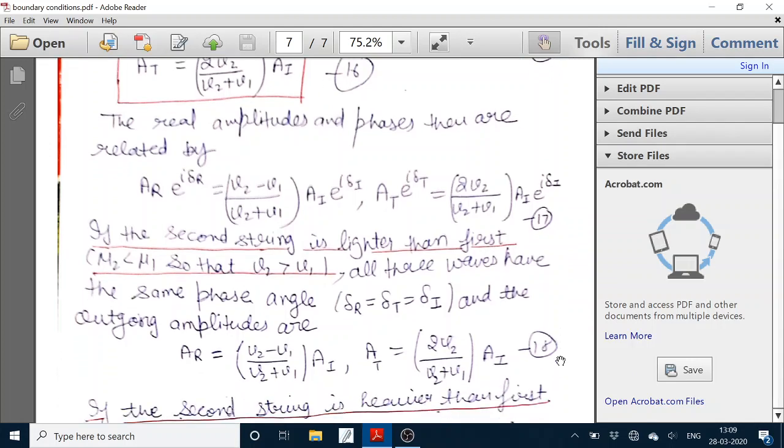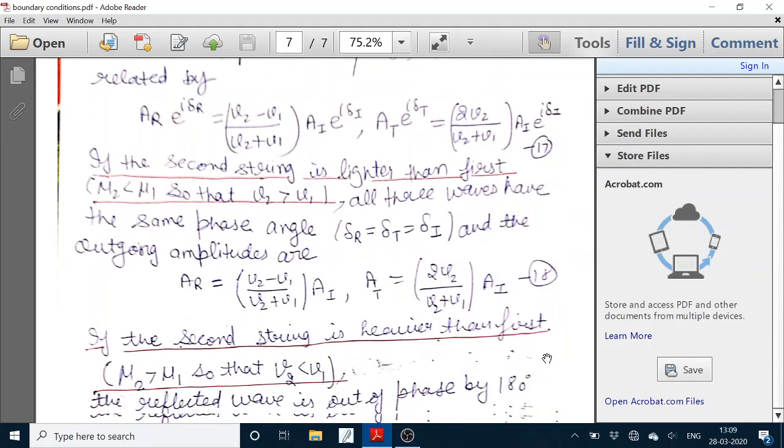If the second string is lighter than the first, meaning the mass per unit length of the second string is less than that of the first string, then velocity v2 is greater than v1. All three waves have the same phase angle, delta r equals delta t equals delta i, and the outgoing amplitudes are ar equals (v2 minus v1) upon (v2 plus v1) into ai, and at equals 2v2 upon (v2 plus v1) into ai.